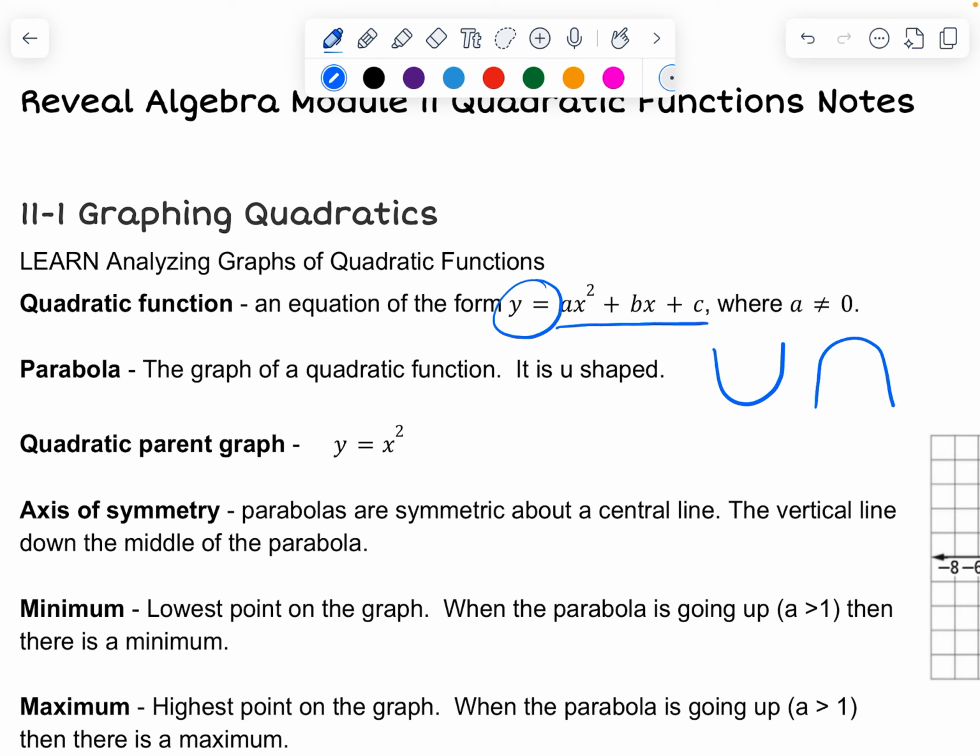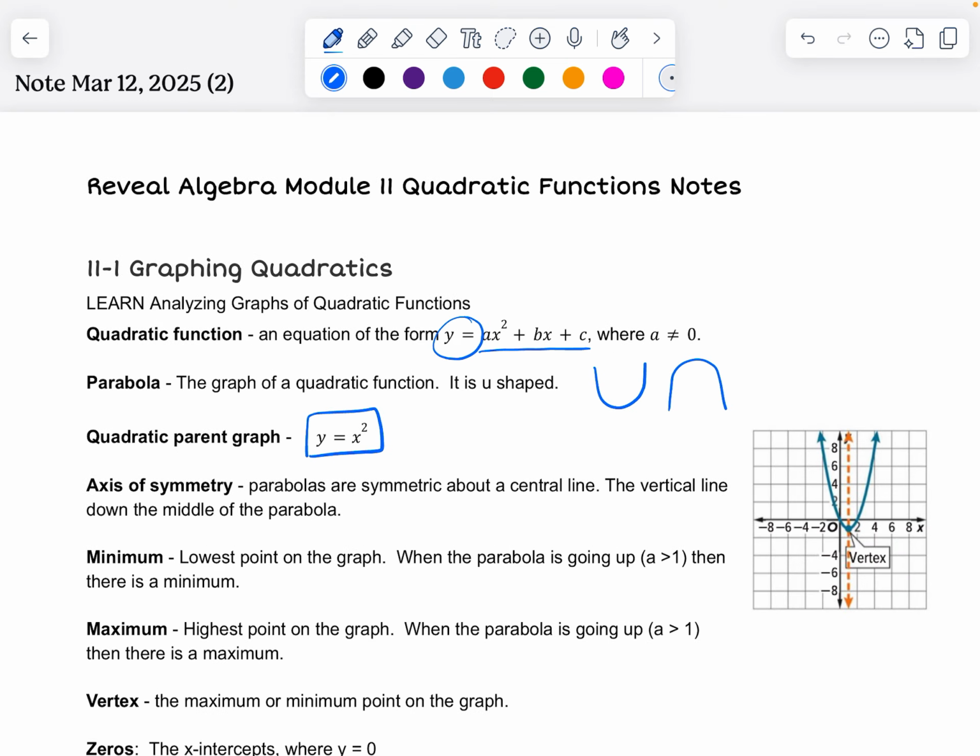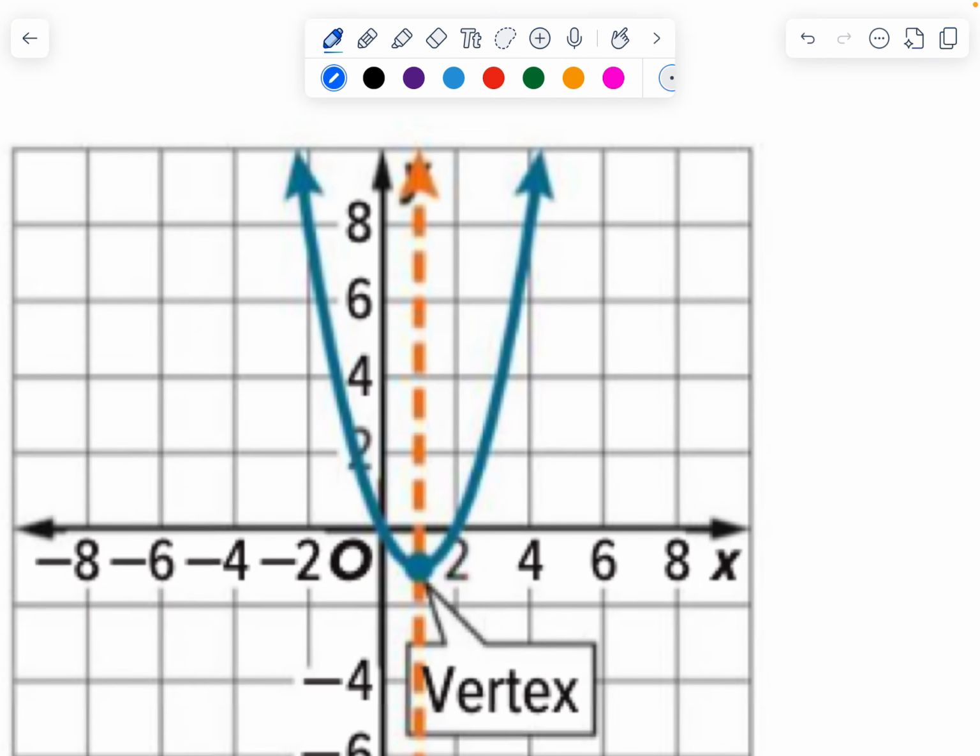Quadratic parent graph. This is the parent graph. Okay? Axis of symmetry. The parabola, okay, so if I look over here, this point right here is called the vertex, and the vertical line that cuts it in half is called the axis of symmetry, because everything that's on this side is also on this side.